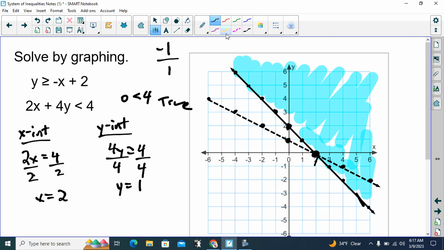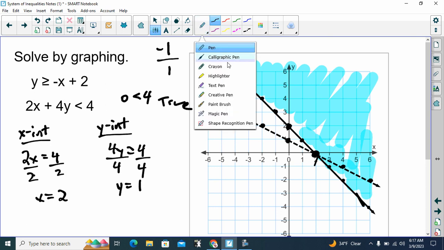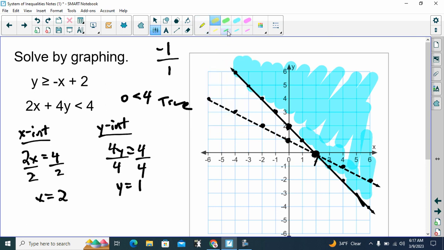So I want to shade in towards 0, 0. 0, 0 is right here, and I'm on that dashed line, so towards 0, 0 would be this. And hopefully we can recognize where the overlap of the two is. These two things overlap right down here, this little overlap right down here.